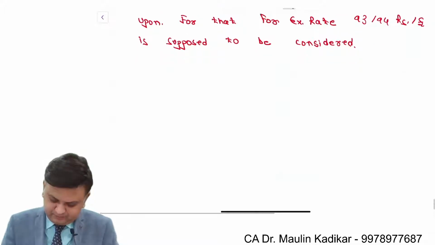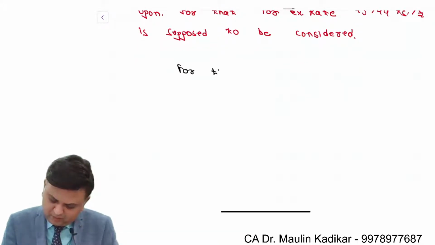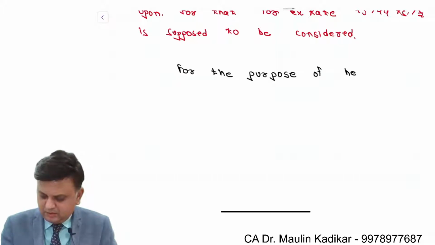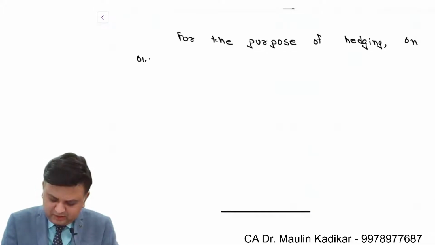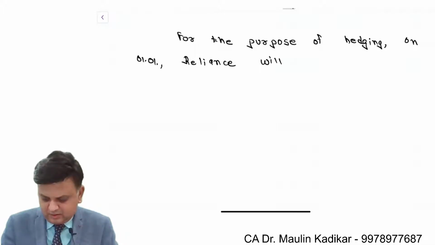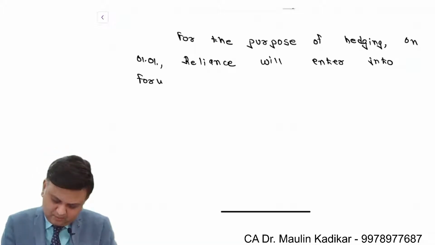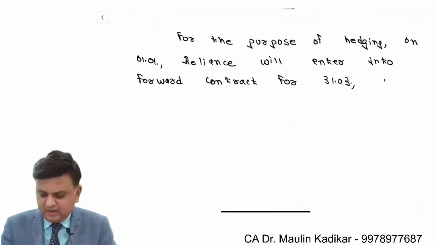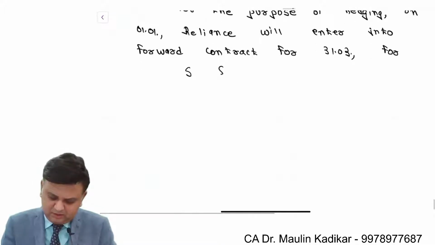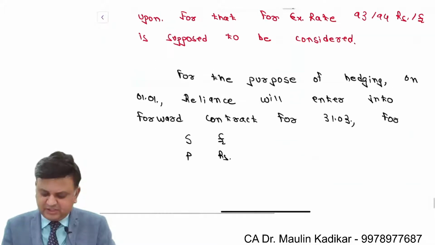With paragraph, write down, for the purpose of hedging, on 1st of January, Reliance will enter into a forward contract for 31st of March, for sale of pound and purchase of rupees.